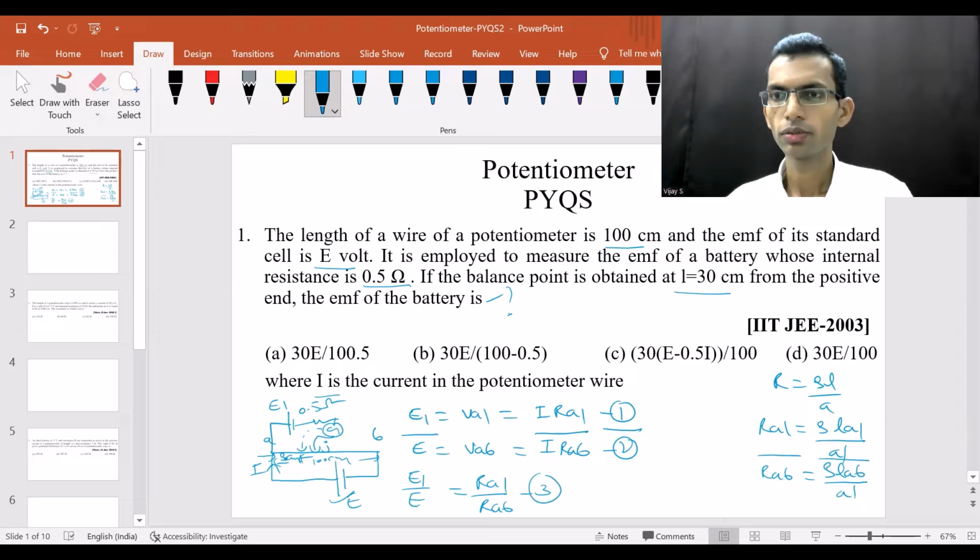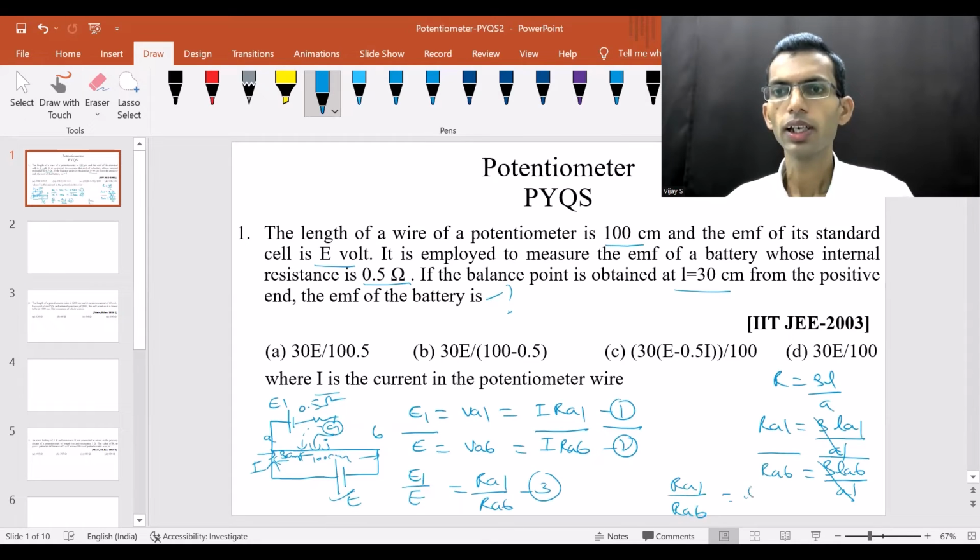When we take the ratio, this is common, so RA1 by RAB is equal to LA1 by LAB. We know LA1 is 30 centimeter, and LAB, the length of the wire between A and B, is 100. So we get 30 by 100.